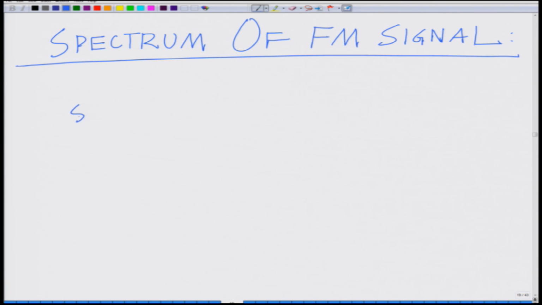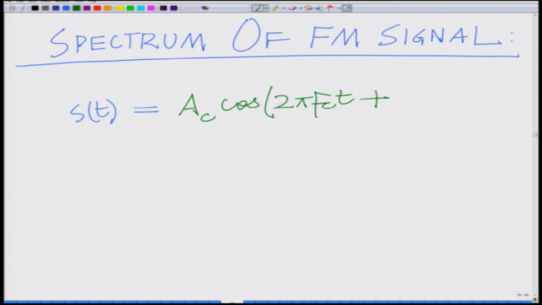Let us write our FM signal s(t) equals Ac cosine 2 pi fc t plus beta sine 2 pi fm t, as we have seen, where beta is our modulation index, okay.